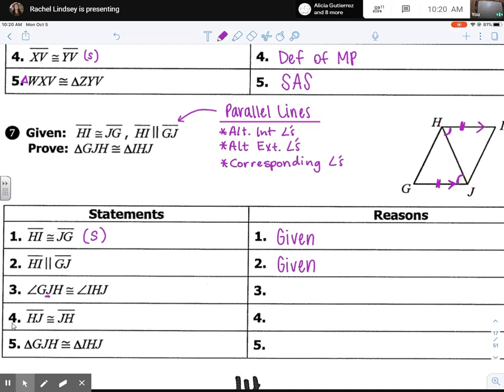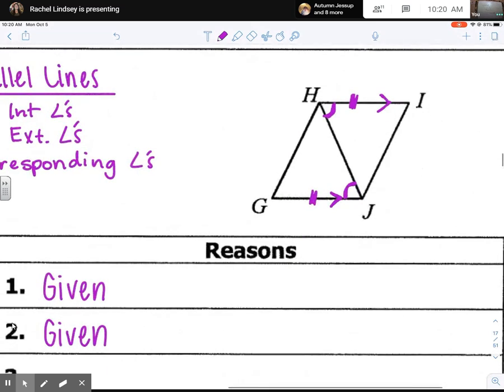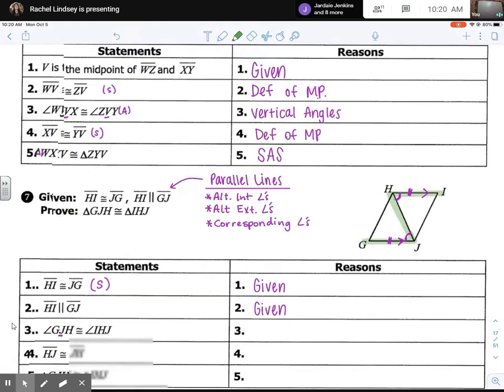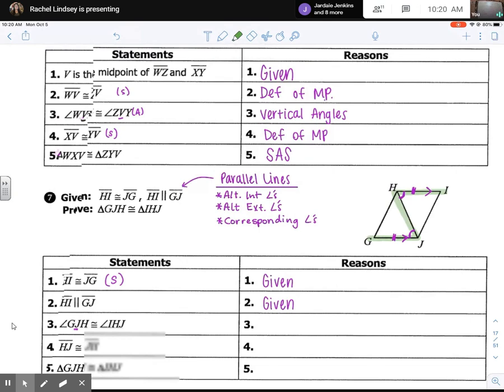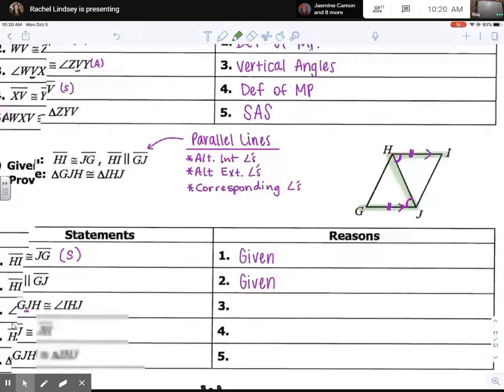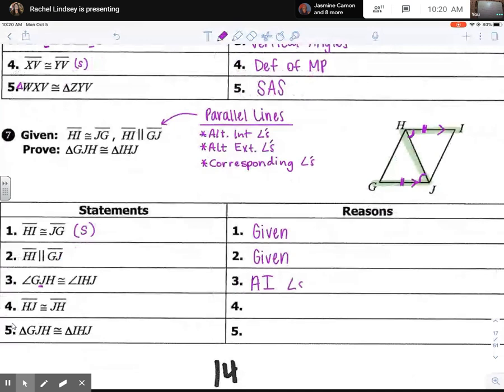So how would I know those two angles are congruent? They're on this set of parallel lines. Because they're interior, alternate interior angles. You just put AI angles. So I just proved those two angles are congruent.